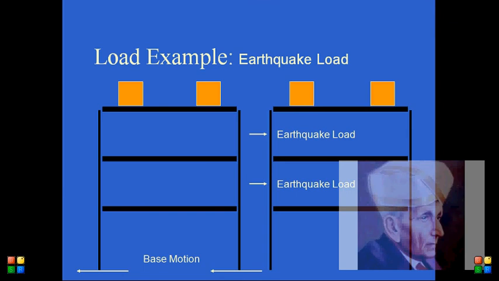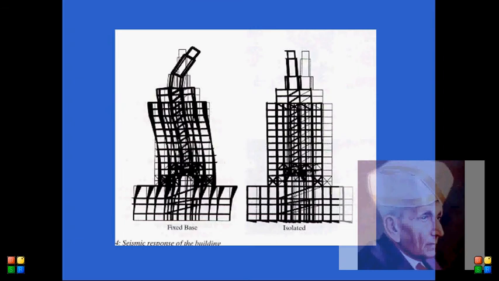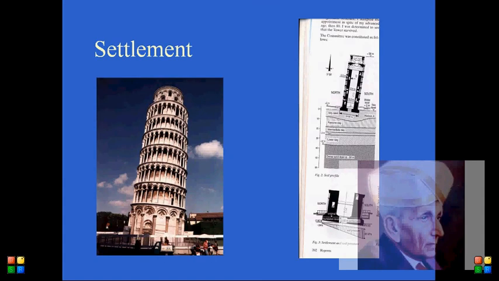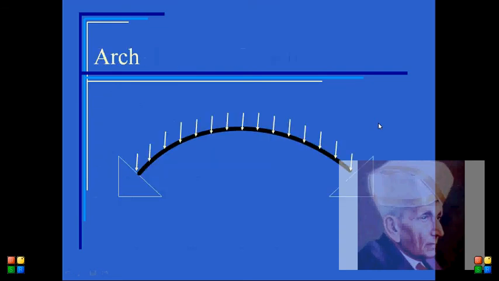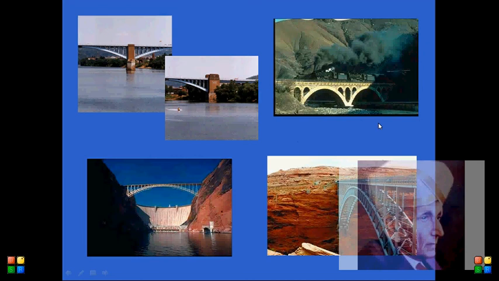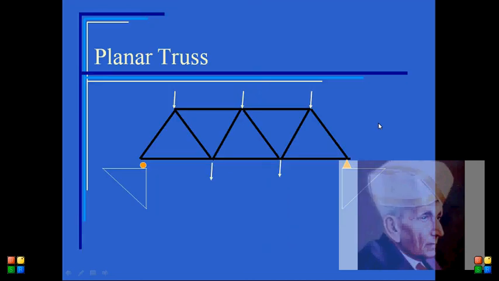Some types of structures: arch, planar truss, beam, girder, braced frame, rigid frame, space truss, cable, suspended structure. Arch. Planar truss. Beam, girder.